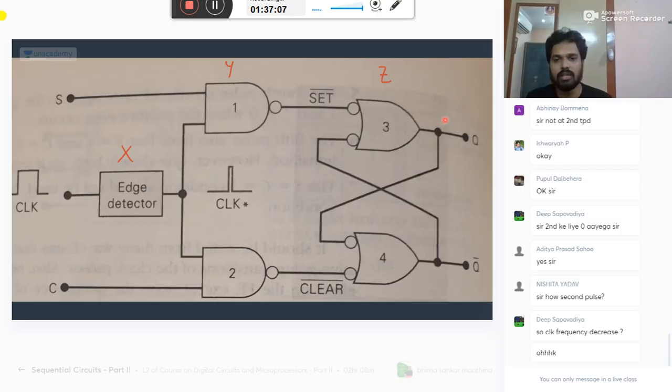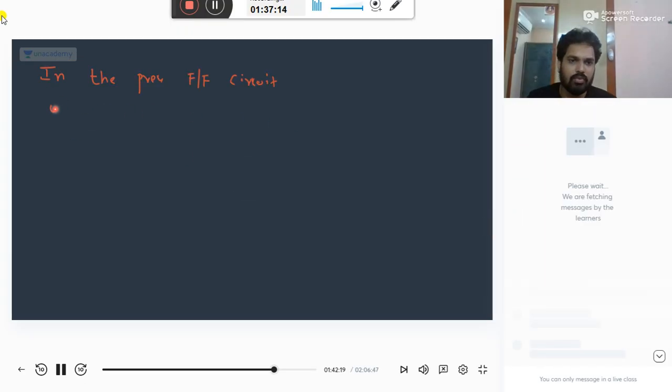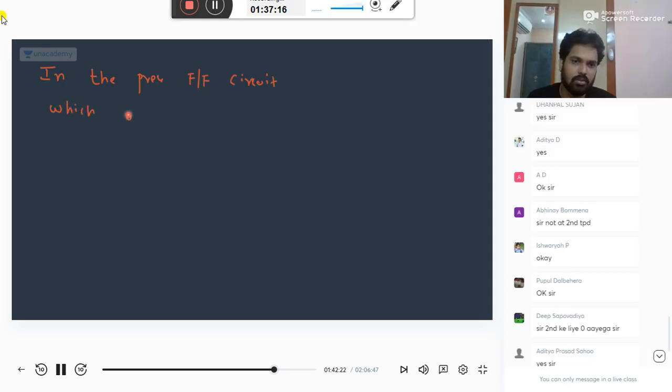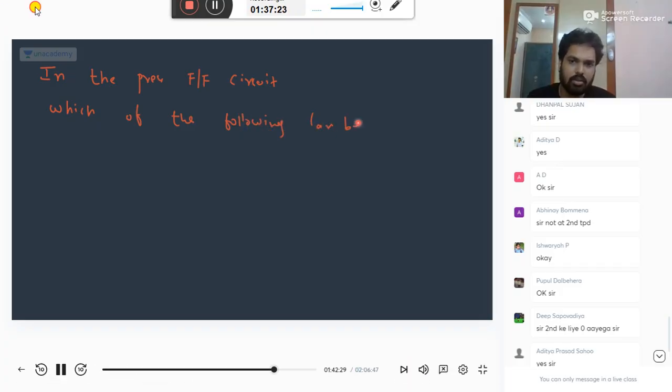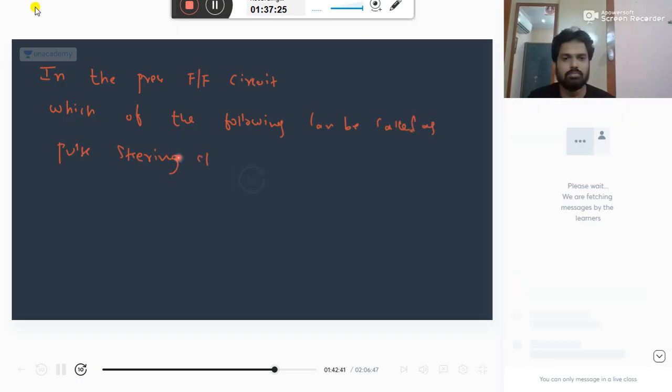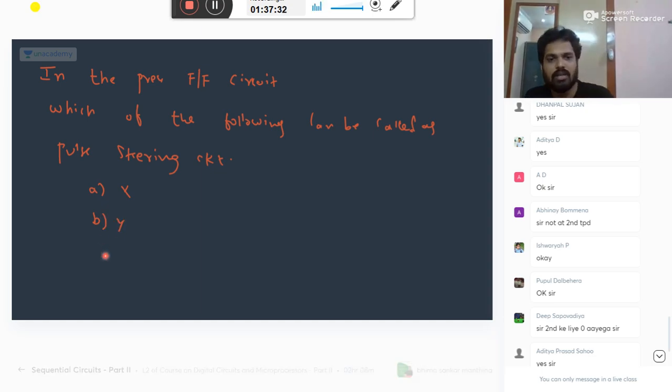So now what I want to say is, which of the following can be called a positive edge detector? Option A X, option B Y, option C Z, option D none.